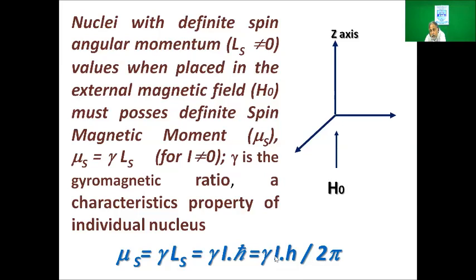If I equals 0, for a spin-0 nucleus, mu s equals 0, so it has no effect on H0. Here we introduce a new term, gamma, called the gyromagnetic ratio, a characteristic property of the individual nucleus. The gamma of 13C is basically one quarter of the gamma of the proton.